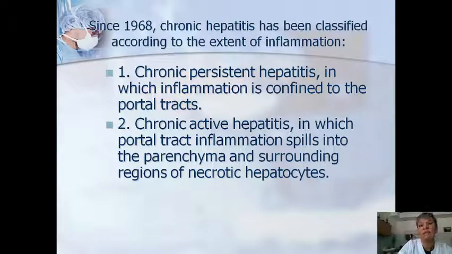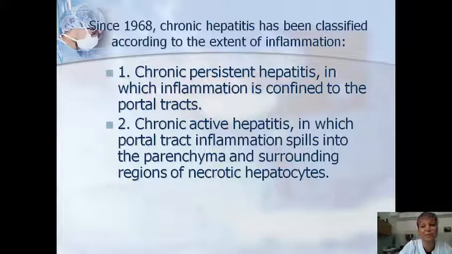Since 1968, chronic hepatitis has been classified according to the extent of inflammation. There are two main forms. Histologically, we see two forms. First, chronic persistent hepatitis, in which inflammation is confined to the portal tracts, is the more favorable form.